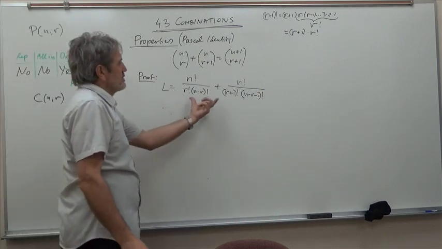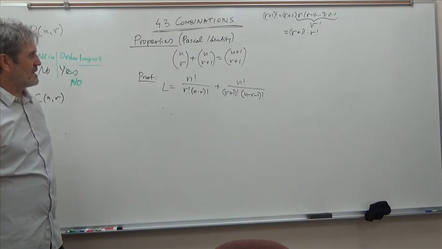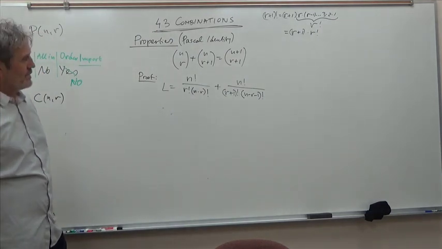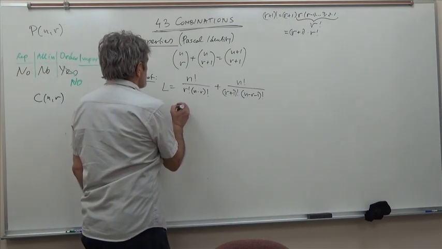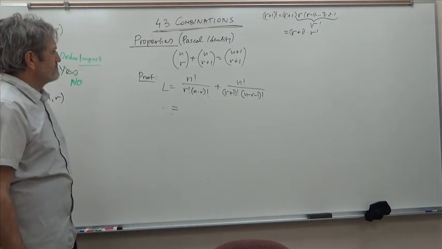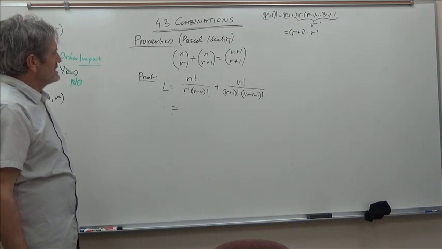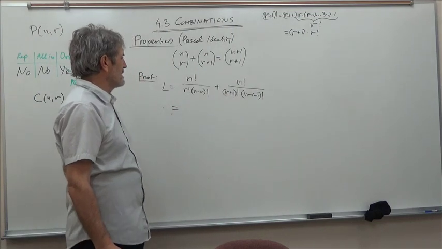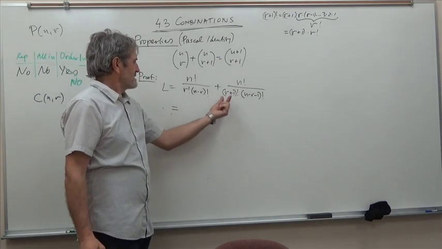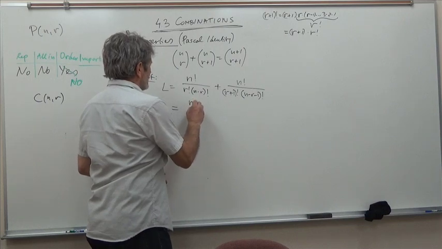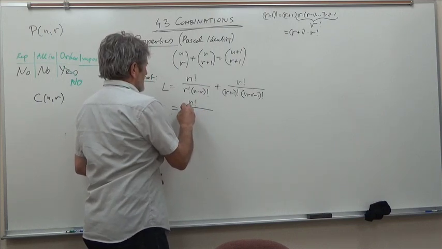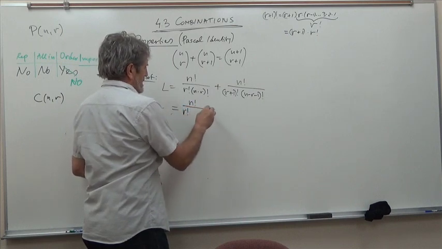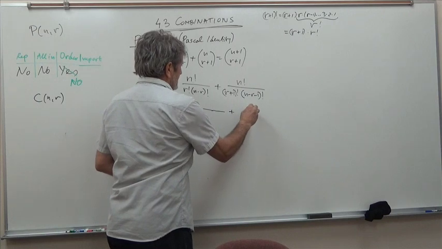And there we go. I just want to add these two fractions by building a common denominator. And here is how I'll do it. You see here is r factorial, here is r plus 1 factorial. This guy has an extra member, so let me split that. So n factorial over r factorial, plus n factorial.